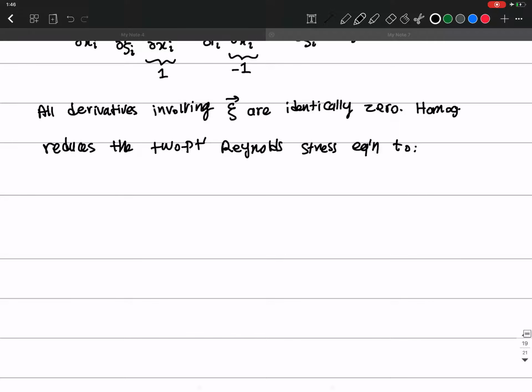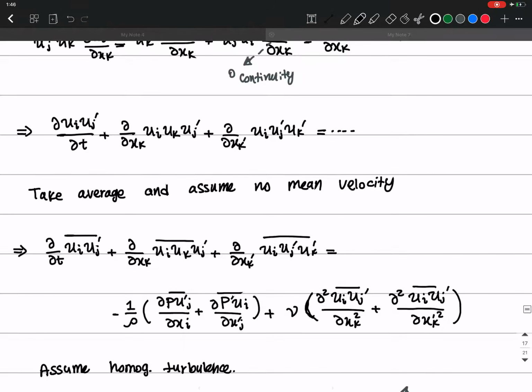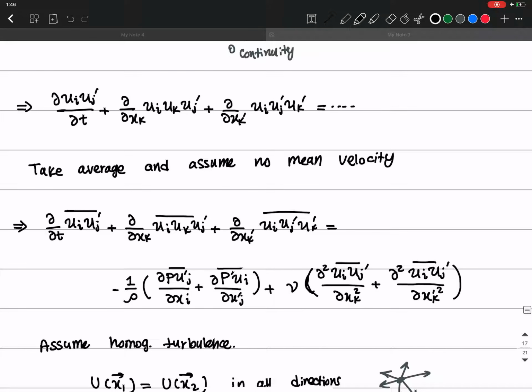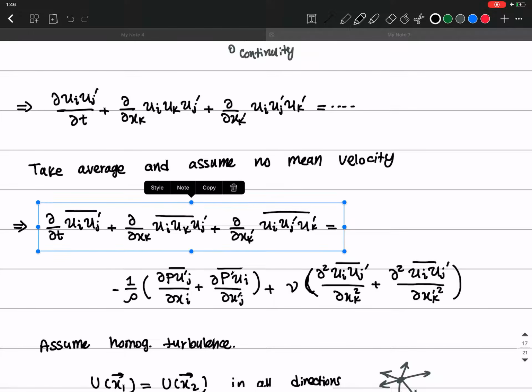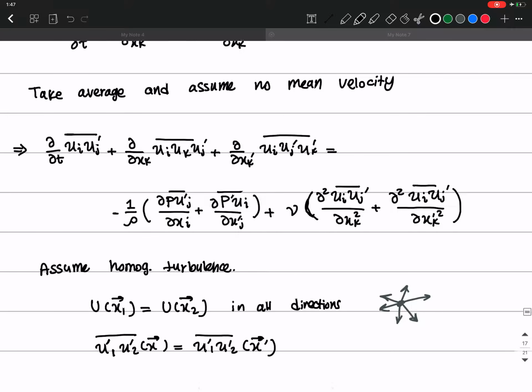It's going to be partial b i j, r and t, with respect to time. And then the rest I put on the right hand side of my equations. First, I put these two on the right hand side.